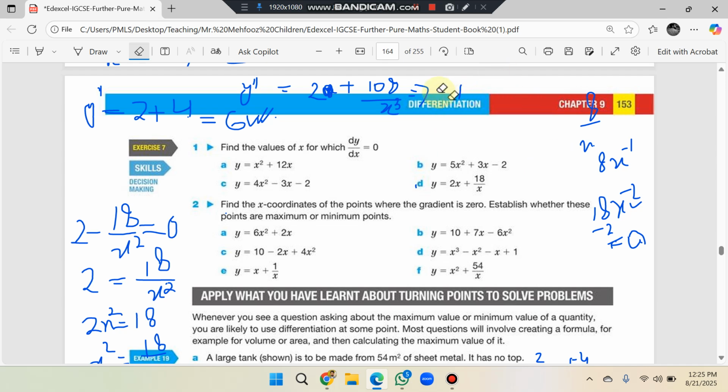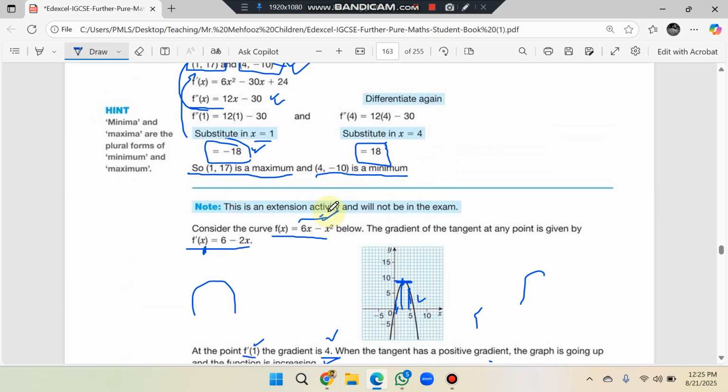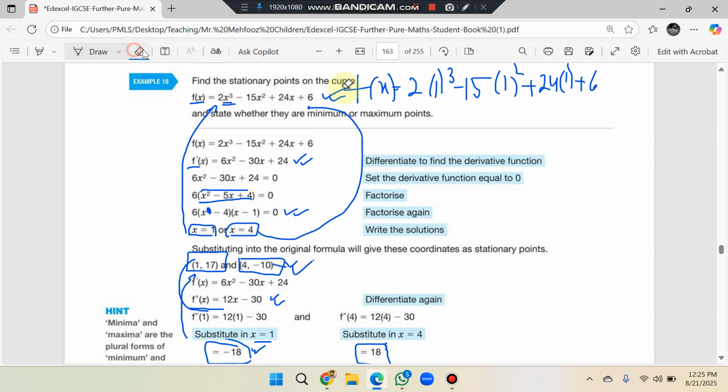After that, you have to do two questions from this exercise, from question number 1 and question number 2, and these questions are question number B and question number D. You have to do them after doing this example. So first of all, you have to do this example. If you have any confusion, then you can tell me. Okay.